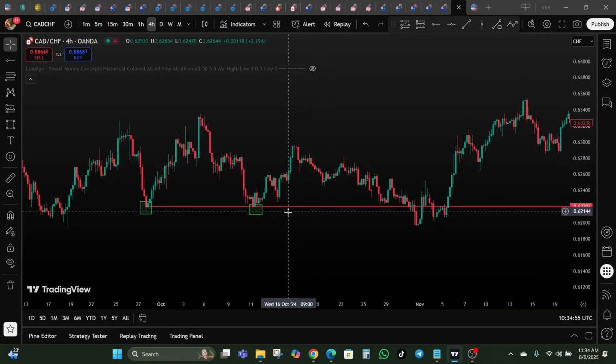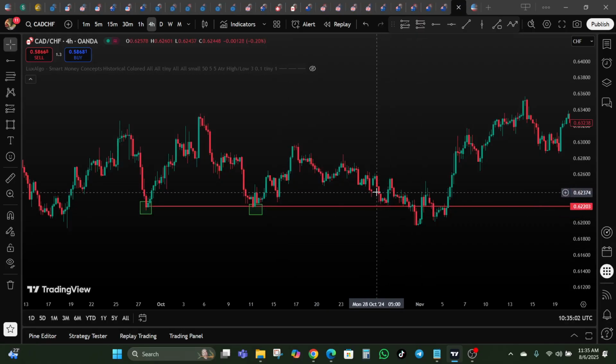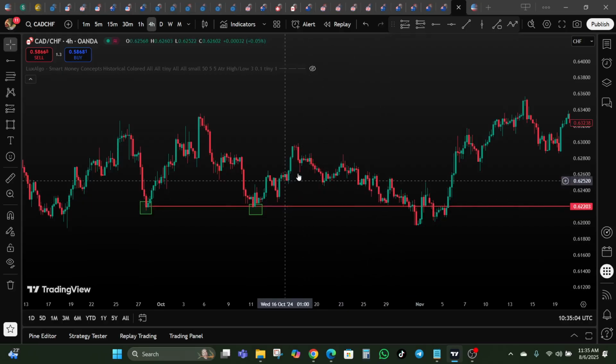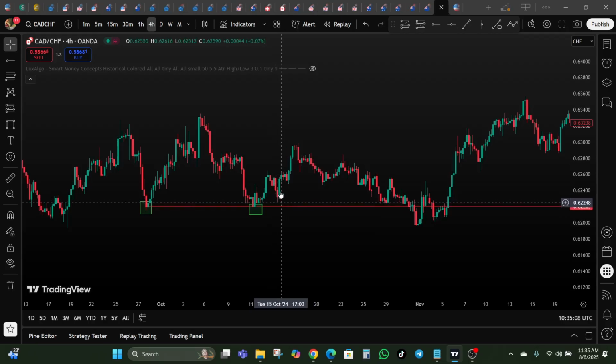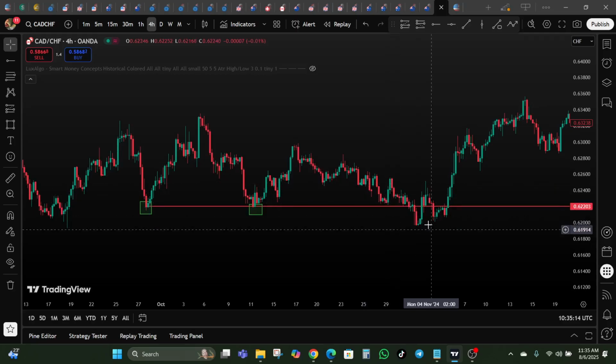And sure enough, you can see at this point price got rejected, and at this point price got rejected. But if you notice, the moves were not all that big. In this case we actually had a reasonable move from here to here, and in this case we had a smaller move. But in this particular case, there was a breakout.